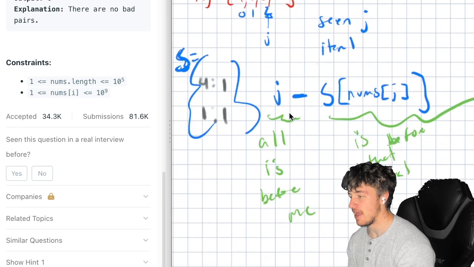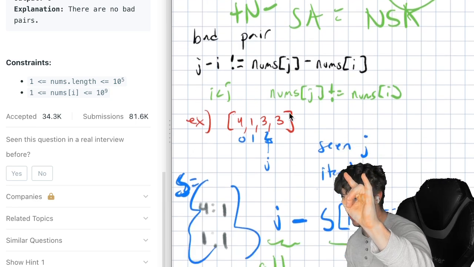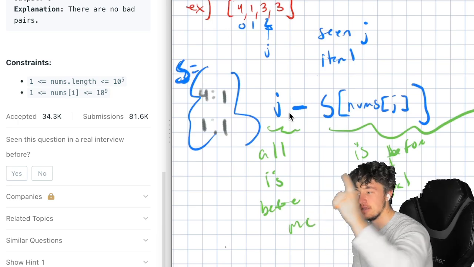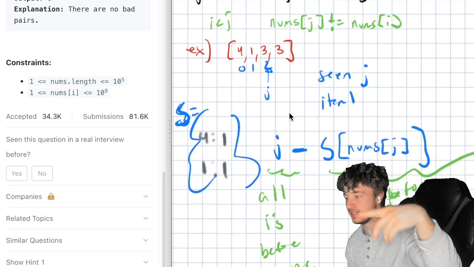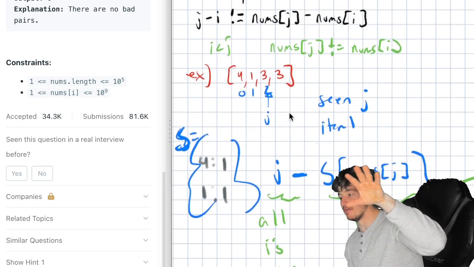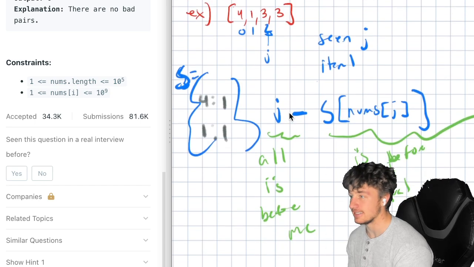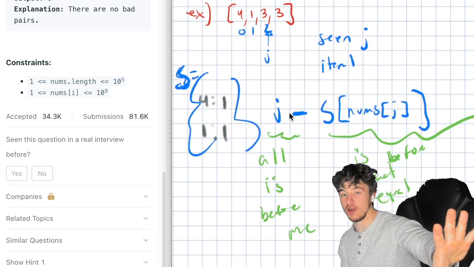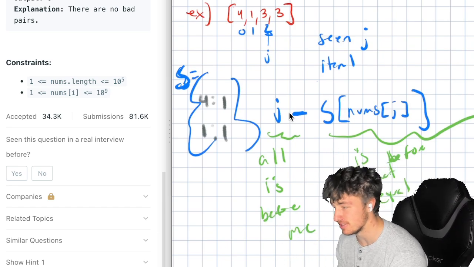If I'm trying to find all of the pairs of elements that aren't equal to each other, it's just all the pairs that could possibly exist minus all the pairs that are the same. So as long as I count through this thing and keep track of all the items before me and how often they occur, as I track through, this is my new j value. Everything before are all the possible i's. I just subtract out all the ones that are the same.